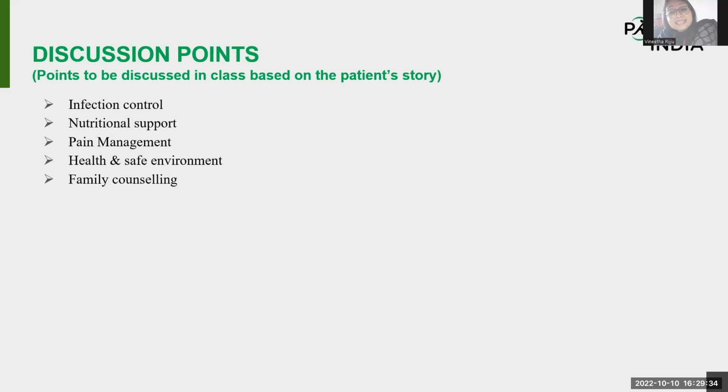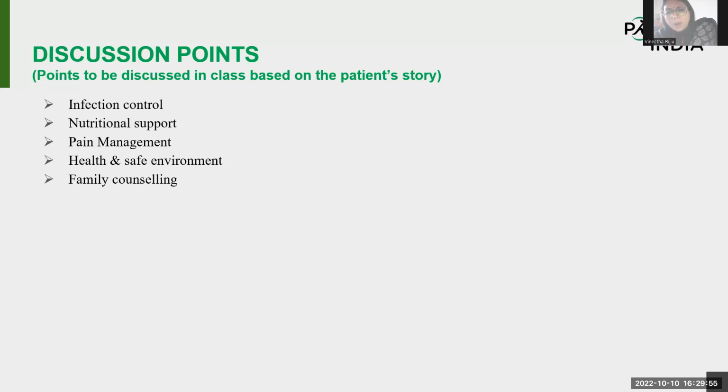What does she see as death coming? What symptoms does she have in her mind to think that these are the red flag signs which mean that my death is near? And that is what she's fearing.